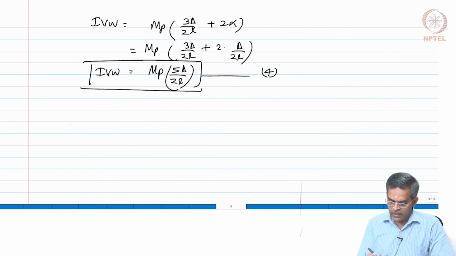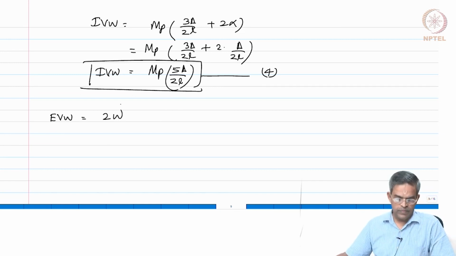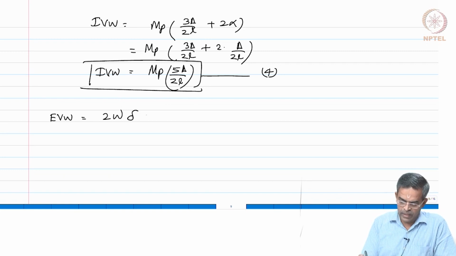So, let us say external virtual work, which was 2W into del plus W into delta.